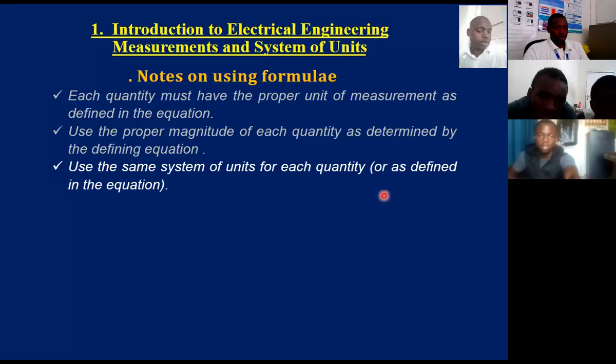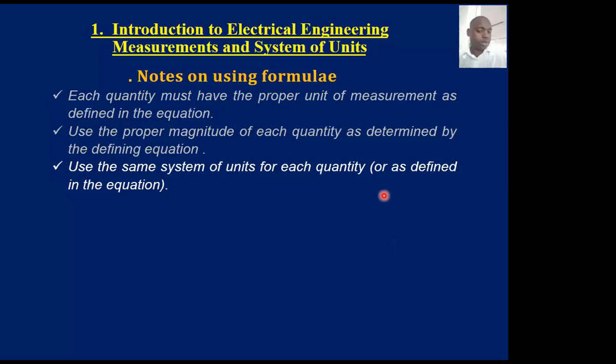So what we are saying is that when you are given an equation, there are a lot of units that we talk about. There are the metric and other units. So when you are given the equation, you should know whether you are using the standard international unit or the metric, so that at the end of the day, you'll be able to calculate properly.